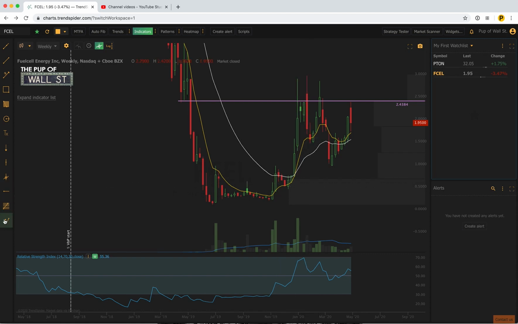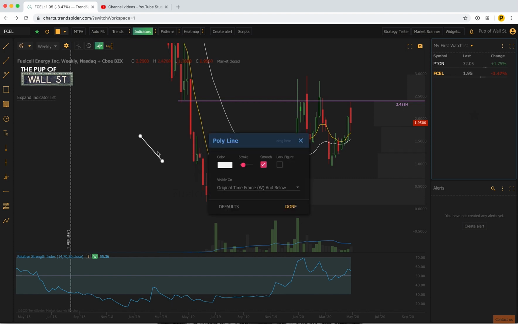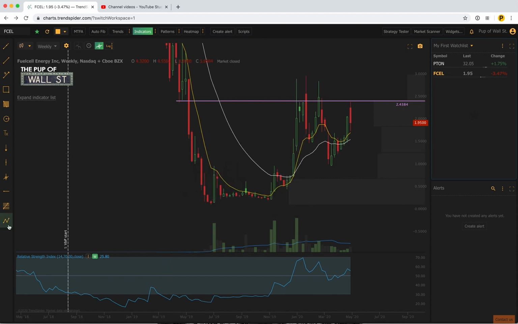Let me redraw this cup real quick. Still getting used to this poly tool. Actually, let's do this. Let's make it straight. And do this.